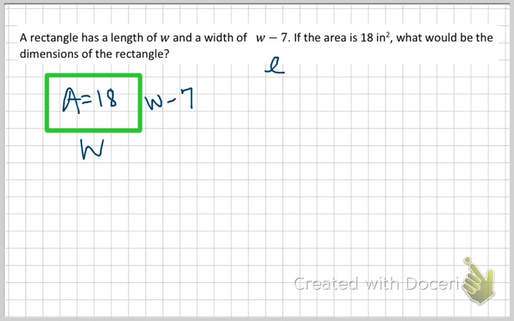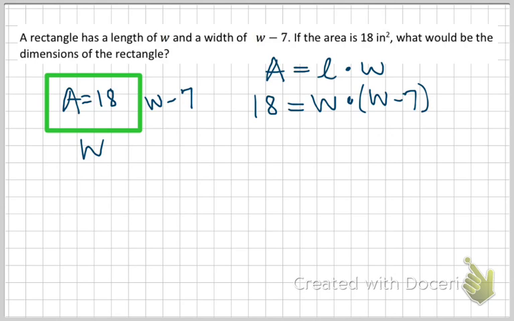So you got to remember that in order to find the area or anything that has to do with area of a rectangle, they're talking about length times width. So here we have a length that is w, a width that is w minus 7, and the area is 18. Now, this has to be a quadratic equation, which means we're going to have to multiply here.